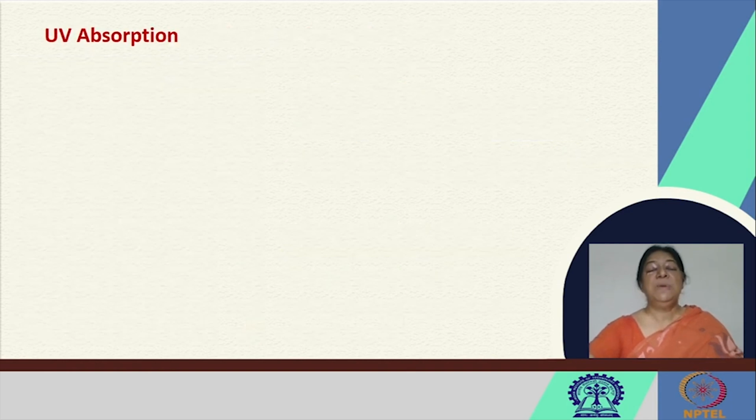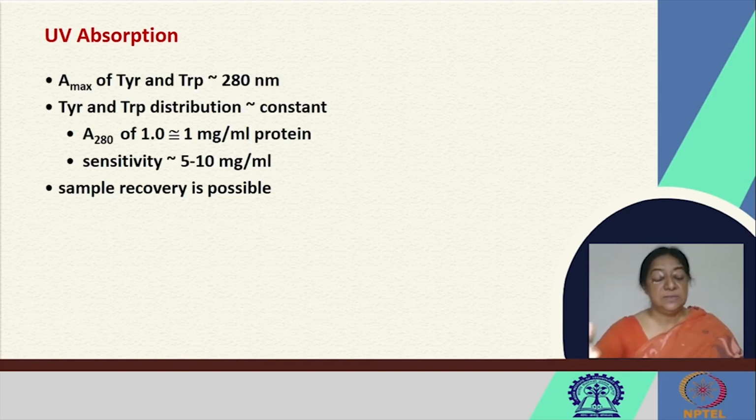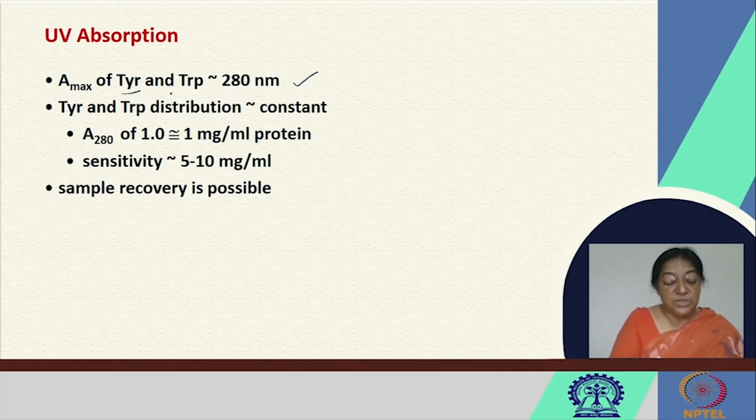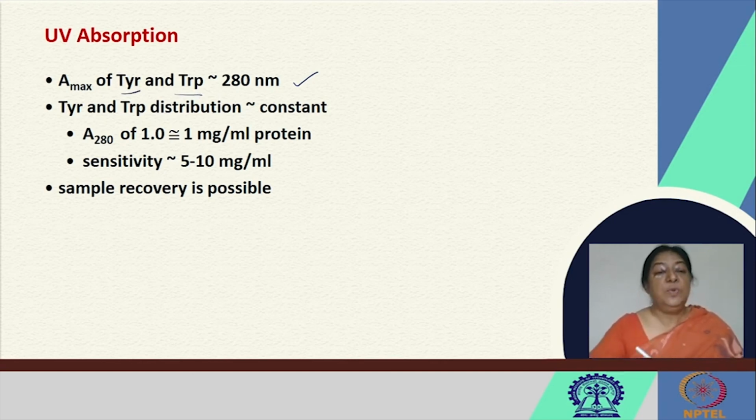If we look now at methodologies to see whether we have any protein present in the fractions, we use methodologies such as UV absorption. We know that if we look at the absorption at 280 nanometers, and we have tyrosine and tryptophan present in our proteins, then we will have a typical absorption at 280 nanometers.